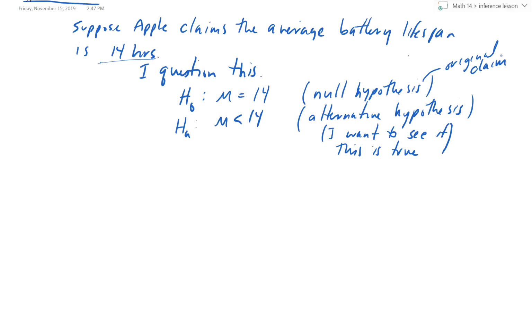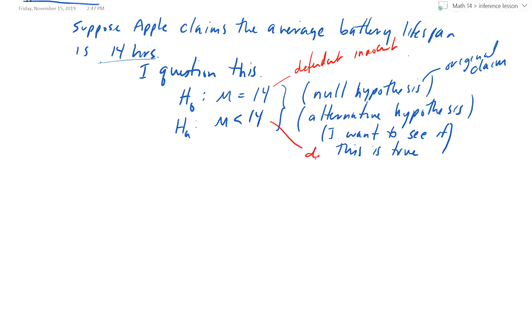Hypothesis tests always have these two statements. So here, how about we do this? H0 is the defendant is innocent.